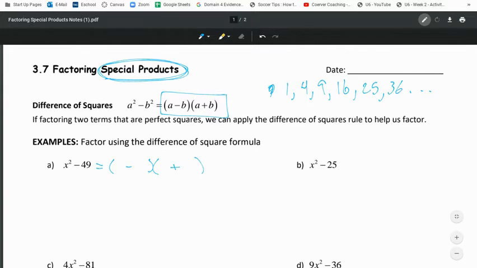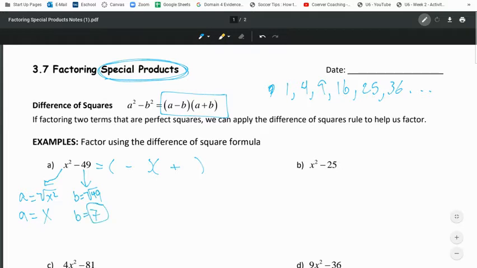I get A from this term. A is the square root of x squared, which gives me just x. So the A value is just x. Then I take the 49, and that will be my B value. The square root of 49 gives me a B value of 7.